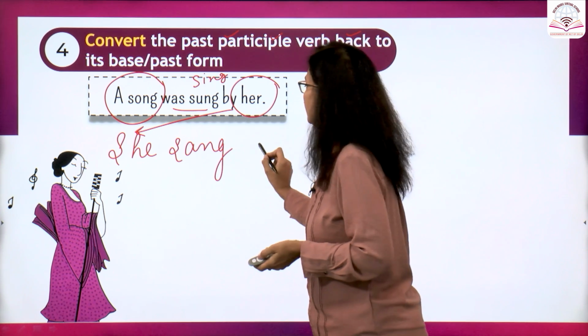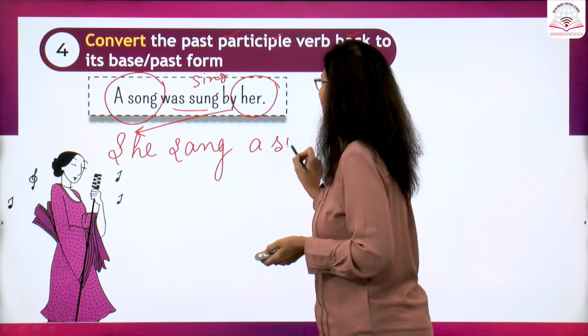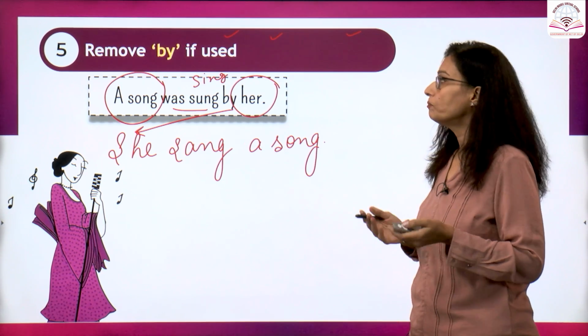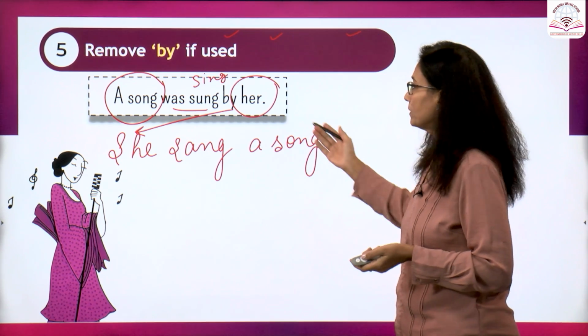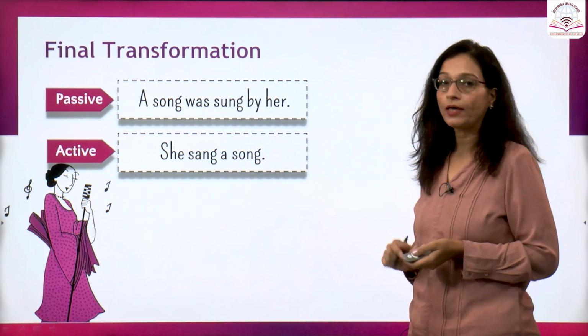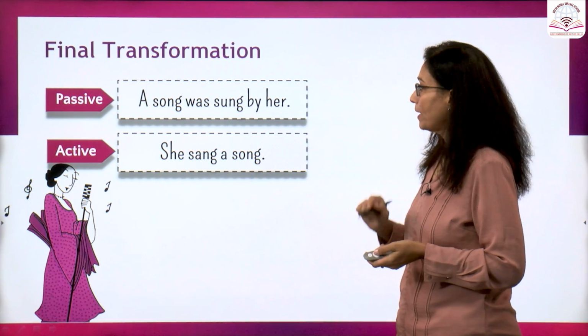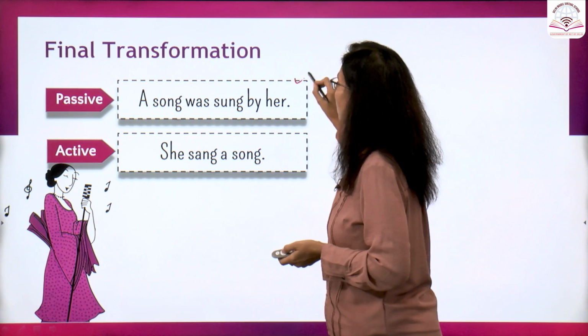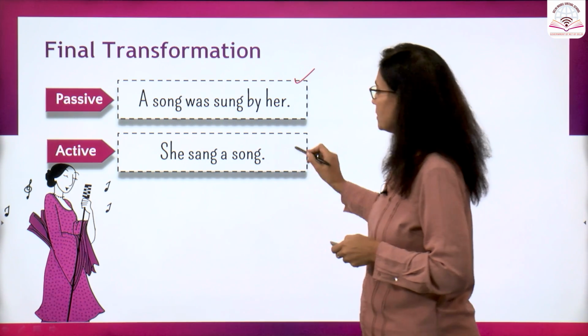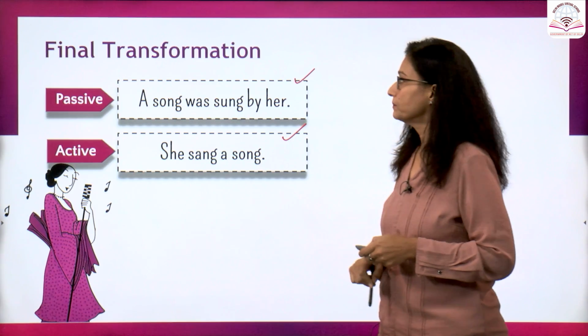She sang a song. Remove by if used. We have already removed by. So let us take a look at the final transformation. In passive voice we had a song was sung by her. In active voice we get she sang a song.